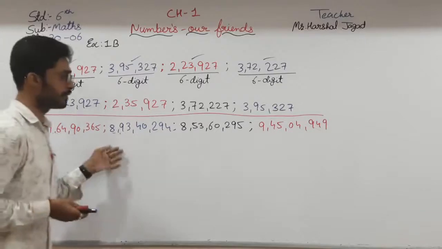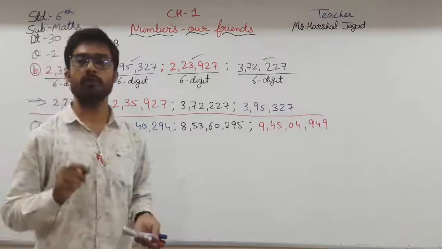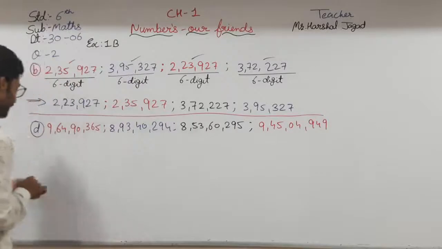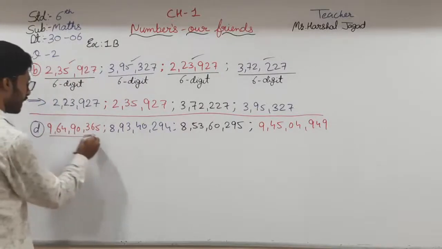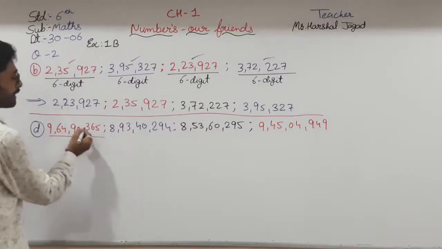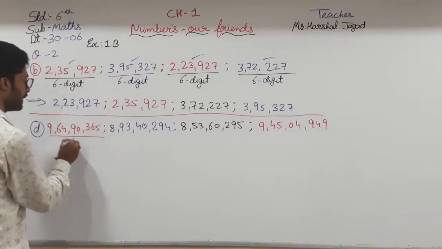So here first of all, what we have to do is count the digits. Let us count. Here there are 1 2 3 4 5 6 7 8 digits.